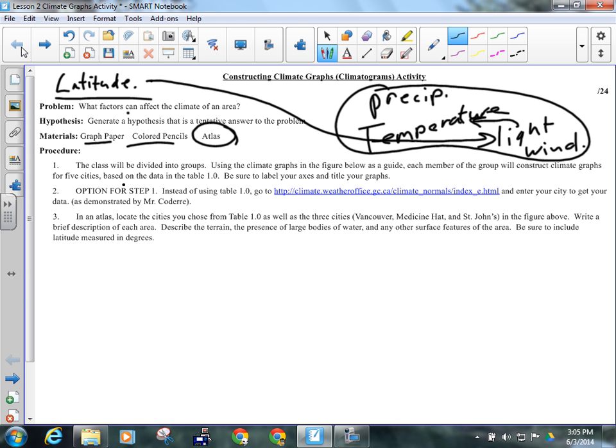Find the biggest precipitation number on that sheet and make sure that everyone's climatogram has a scale that allows that number to fit on it. Same for temperature: find the highest and the lowest temperature on that whole sheet, and make sure the scale will fit those numbers. Now, quick review on graphs. How do I figure out what my scale should be?